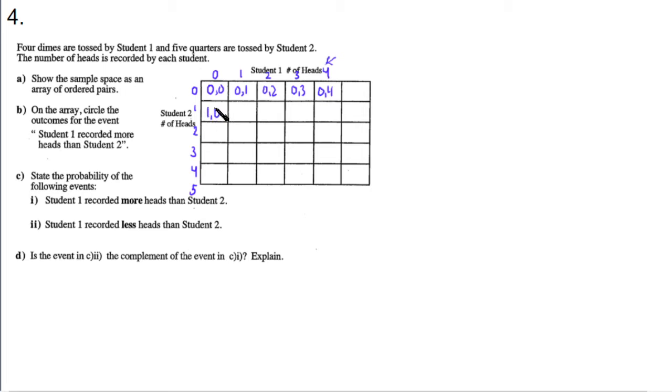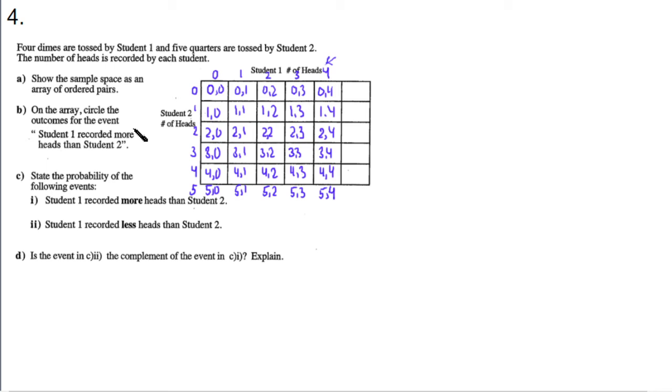And then we have 1, 0, 1, 1, and so on. And finally, we have the final outcome, 5 and 4.